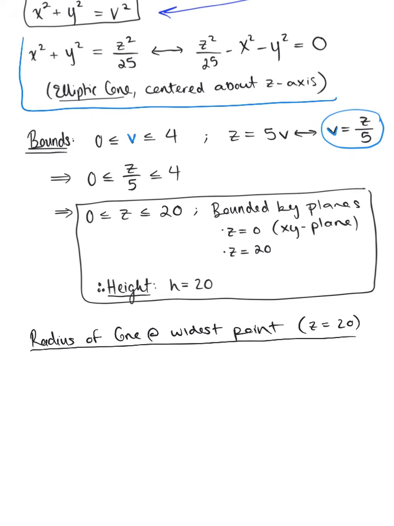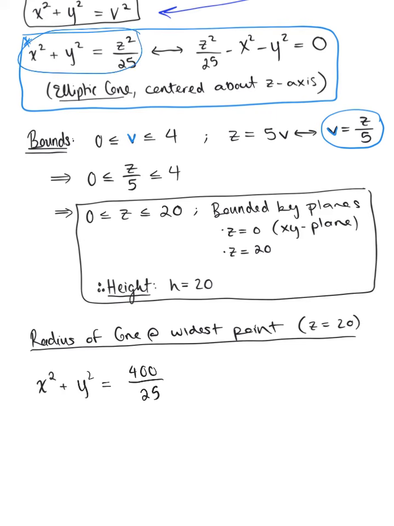Using this first equation and our upper bound, if we plug z equals 20 in, we have x squared plus y squared is equal to 20 squared, which gives us 400, all divided by 25, which equals 16.